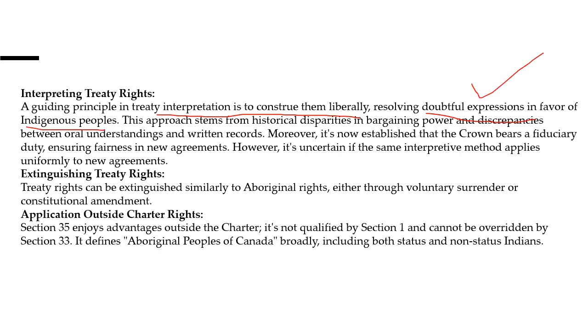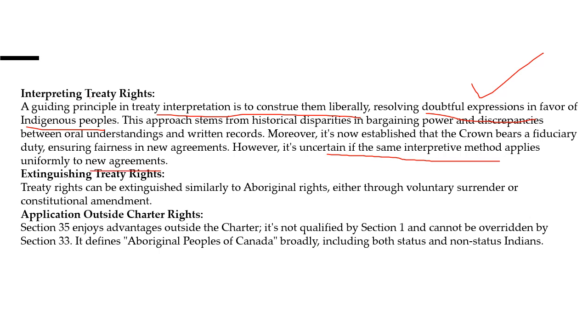Whatever is favored for the indigenous people, the court will take that decision. This approach stems from historical disparity in bargaining power and discrepancy between oral understanding and written record. Moreover, it is now established that the Crown bears a duty of trust, a fiduciary duty, ensuring fairness in new agreements. However, it is uncertain if the same kind of interpretive method applies uniformly to new agreements.